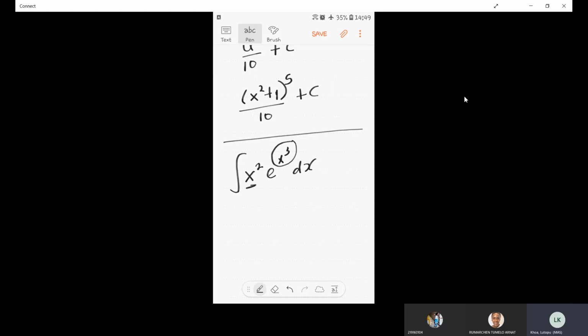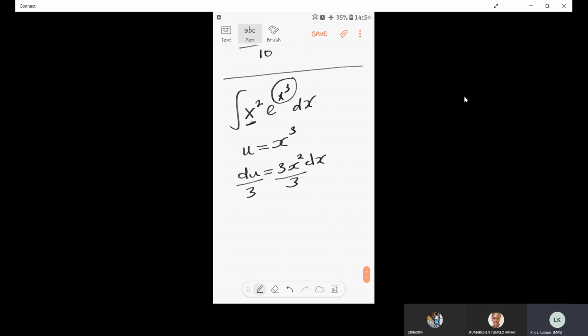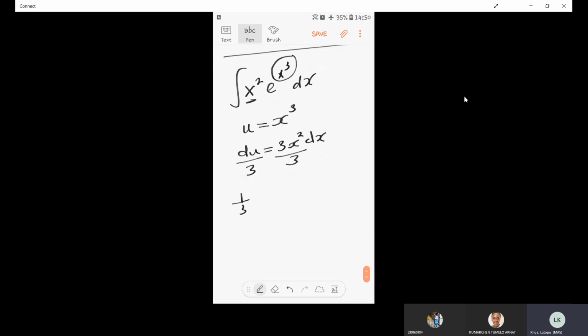So that will be its derivative. I let u equal to x to the power of 3, which means that du is 3x squared dx. Then divide by 3 on both sides. This means I have 1 over 3 du equal to x squared dx.